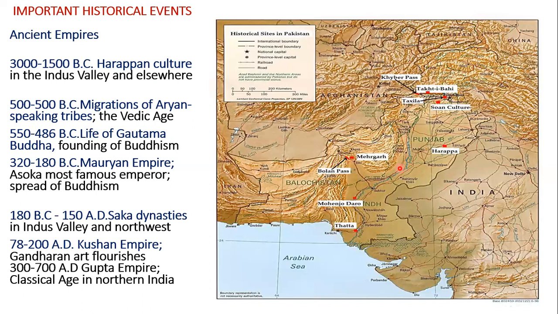Okay. Yes, students, I'm sure that you have learned that Pakistan is home to many excellent civilizations, and you find Takht-i-Bahi, Taxila, Swat, Harappa, Mehrgarh, Bolan Pass, Mohenjo-daro, and others.